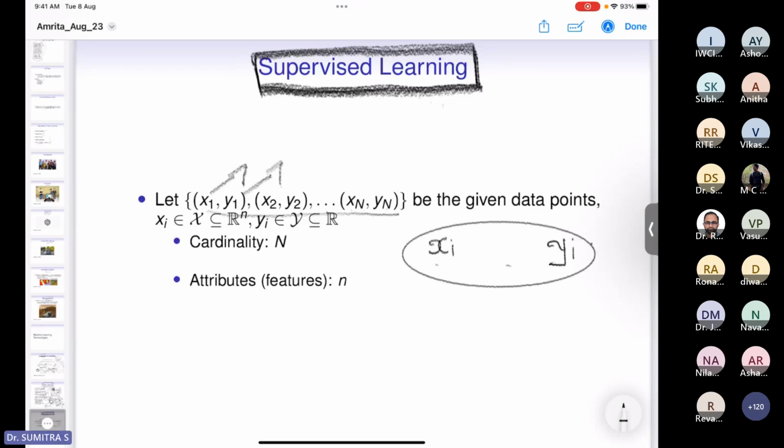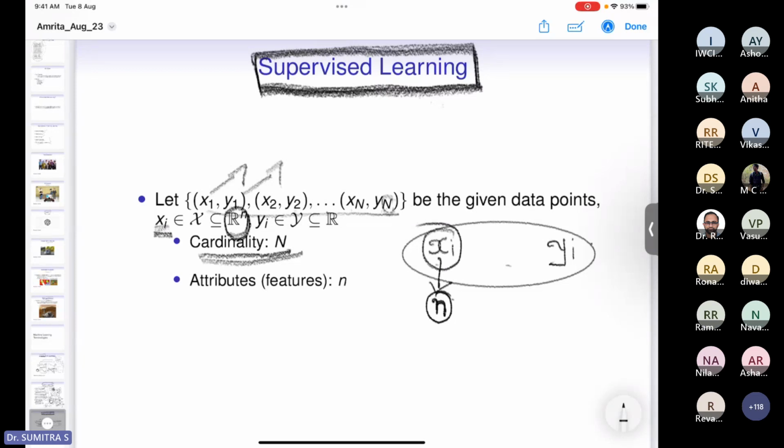There are datasets with capital N, the cardinality, the number of elements in the set. Each xi may be a vector of length small n. Small n is the length of this data point, so xi is in R^n.